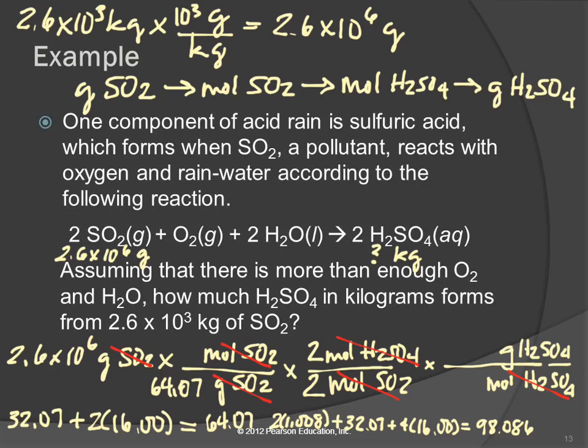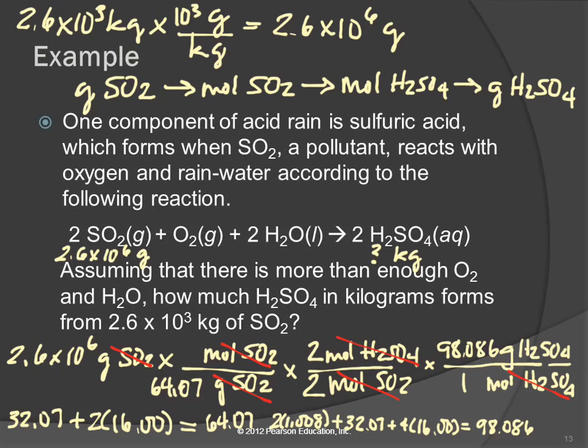And that is the mass of 1 mole of sulfuric acid. Now we need to do the math. So we've got 2.6 times 10 to the 6 divided by 64.07 times 2 divided by 2 times 98.086 equals. And I'm getting this really, really big number.